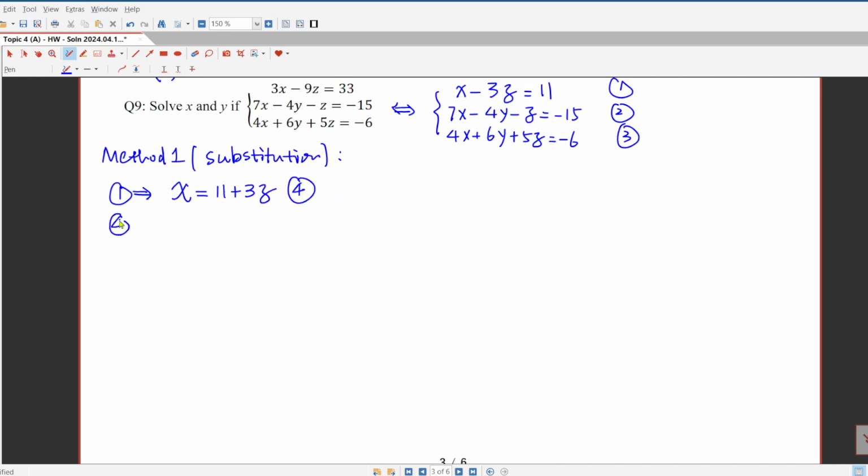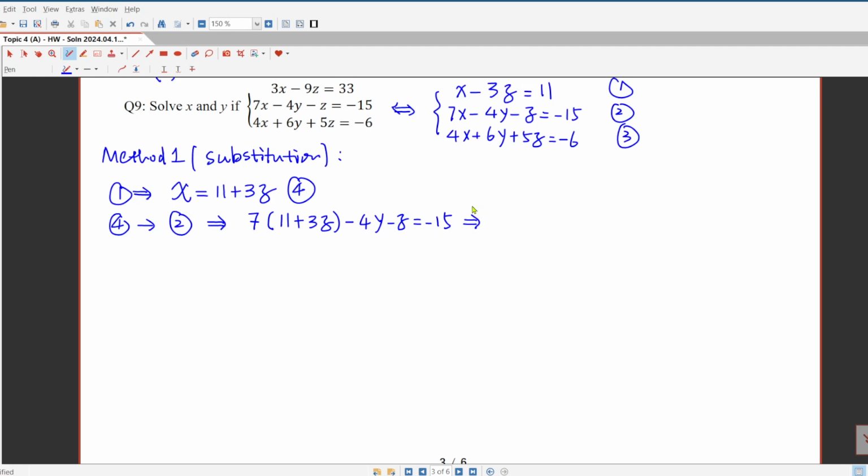So then you can actually put equation number 4 into equation number 2 and 3. In this way, we can eliminate x there, right? So if we put 4 into 2, we will get 7x, which is 7 times (11 plus 3z), then minus 4y minus z equals negative 15.